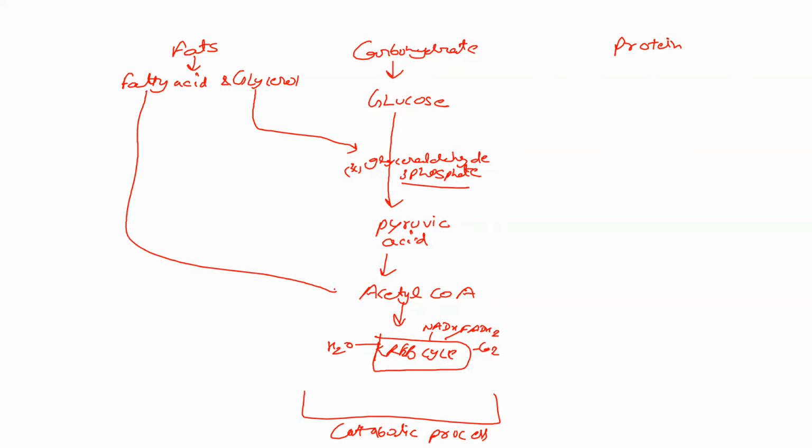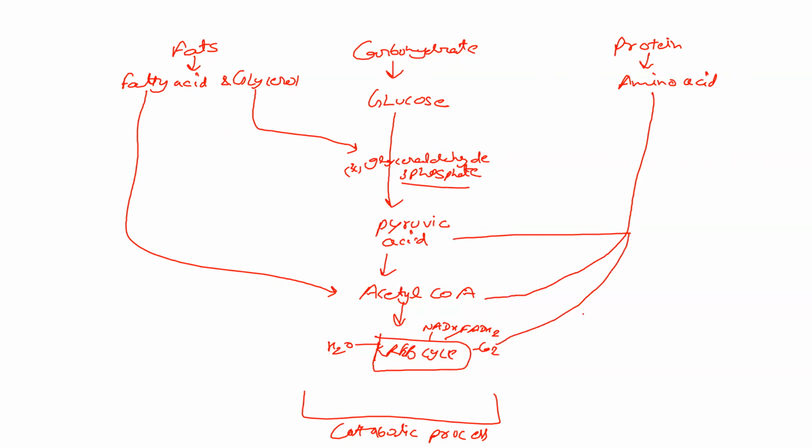Fatty acid enters into acetyl coenzyme A and gives us energy. Protein breaks down into amino acid, and then it enters through acetyl coenzyme A, pyruvic acid, and directly the Krebs cycle and gives us energy.